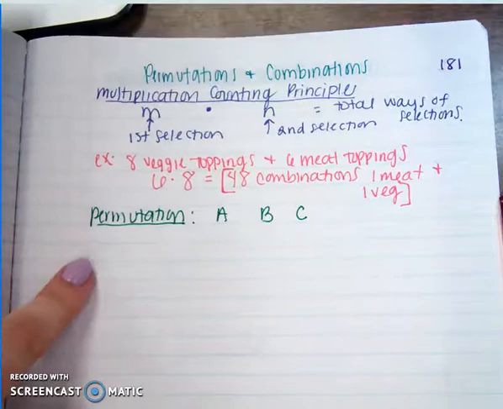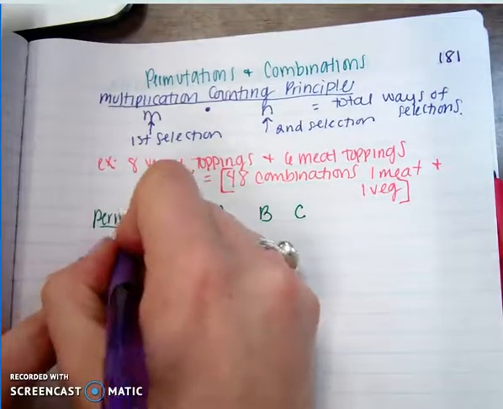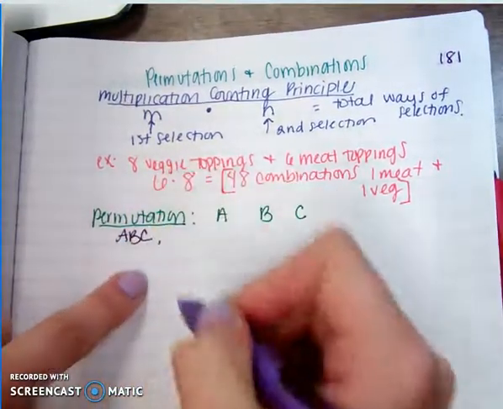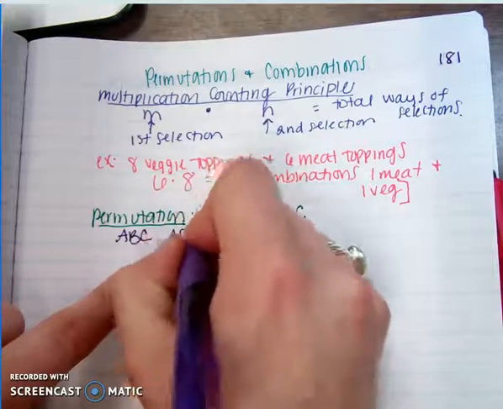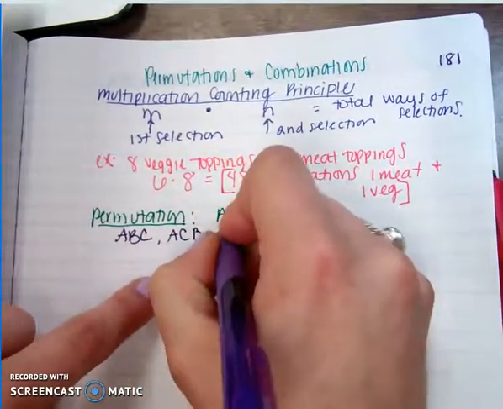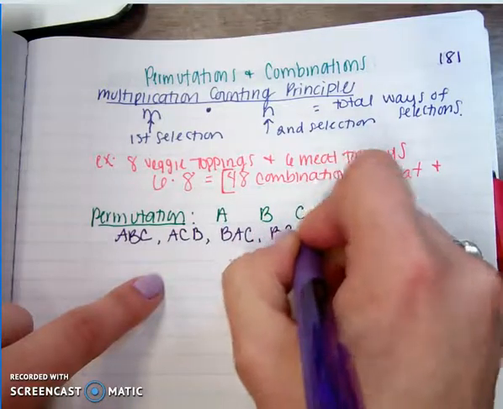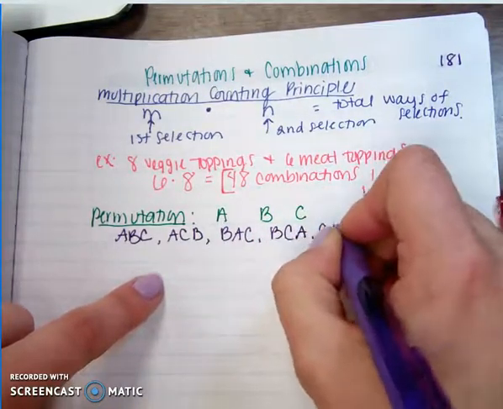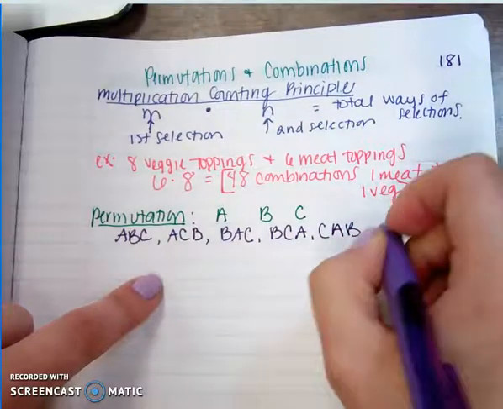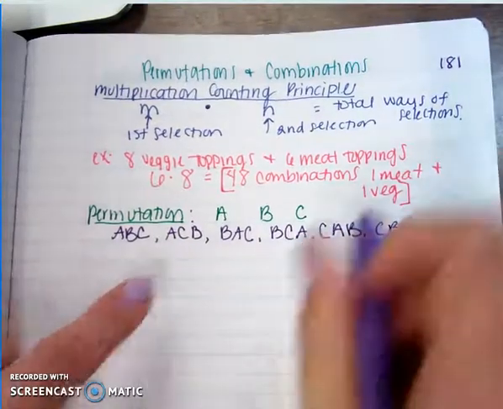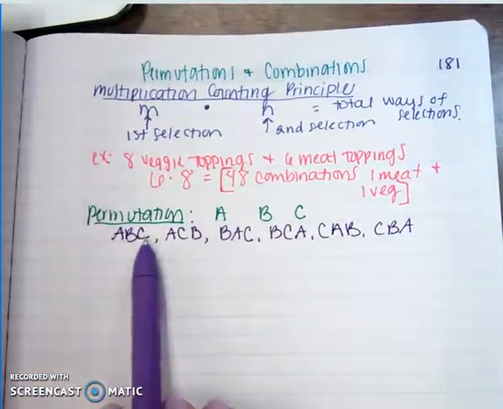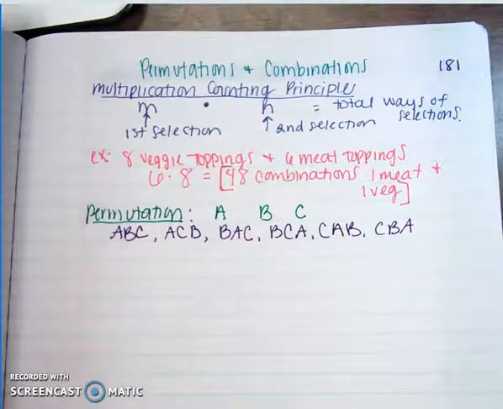Well, I can do A, B, C. I can do A, C, B. I can do B, A, C, or B, C, A. I can start with C, A, B, and C, B, A. So in a specific order, and nothing there repeats.